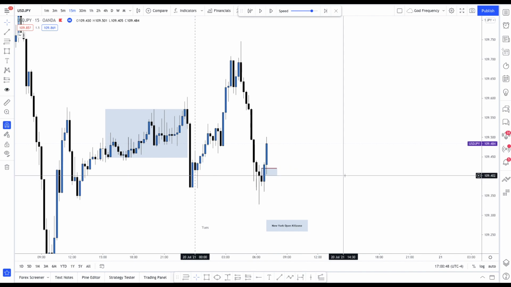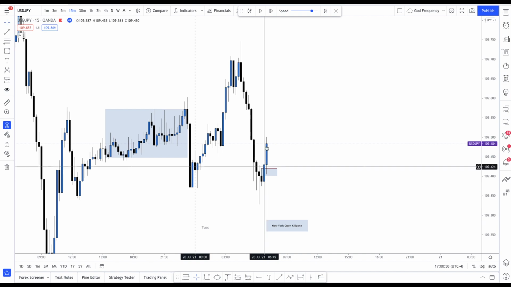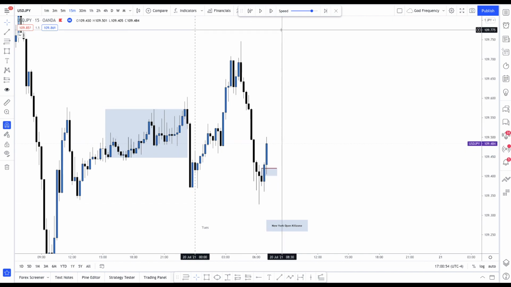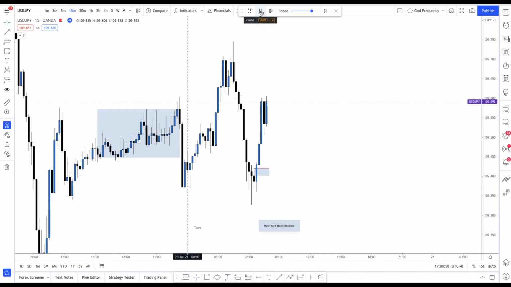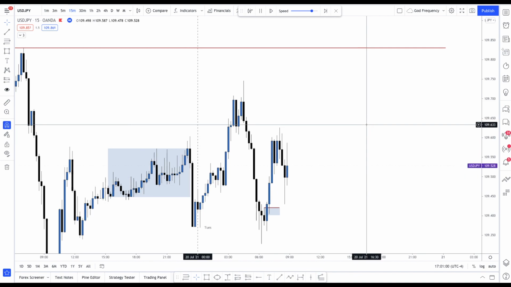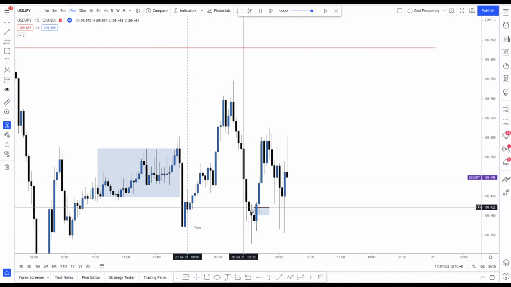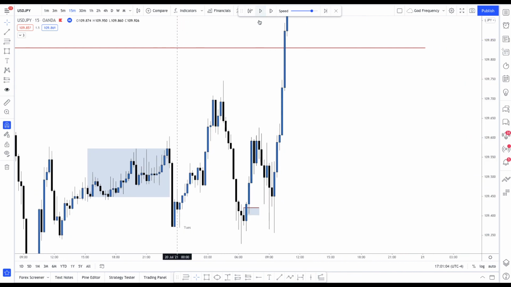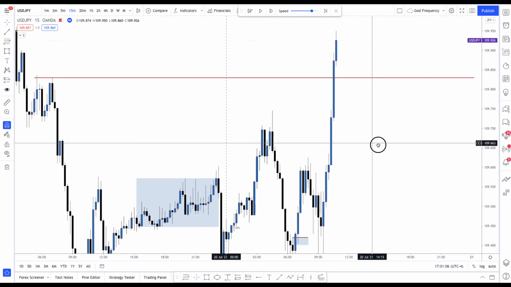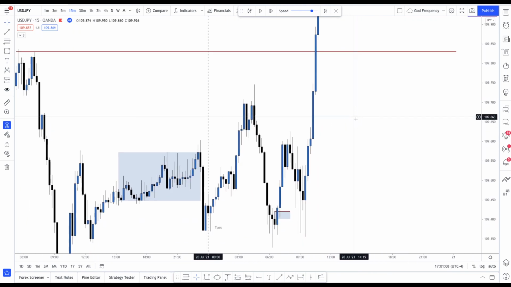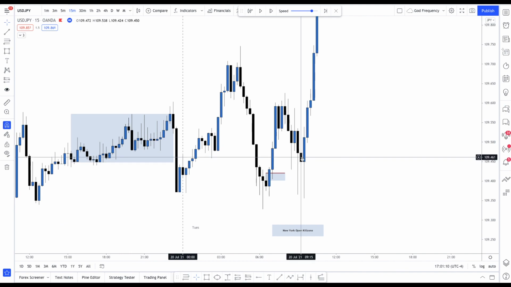It came very close to hitting the body, but it hit it, and we got an immediate reaction. Price came back to it, and I wouldn't take it a second time.